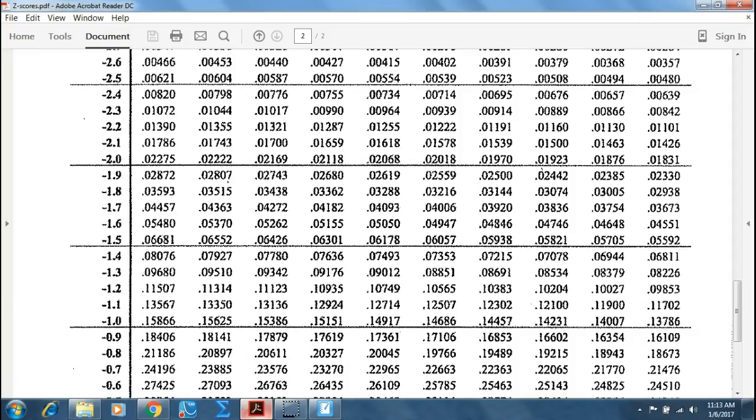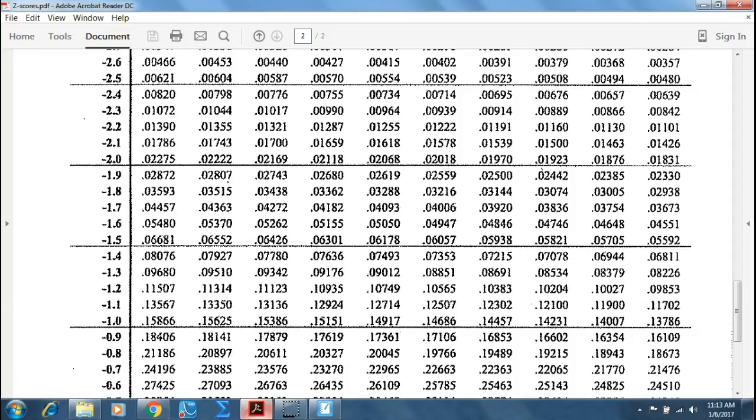The negative sides are all below 0.5, so I'm on the negative side. And 0.1. So what are you guys thinking?